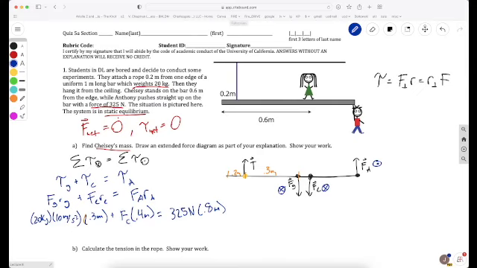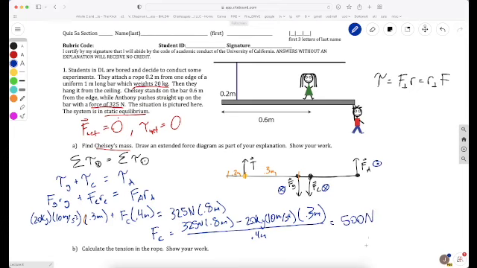Let's move this expression, 20 times 10 times 0.3, over here, subtract that off, and then if we divide by 0.4, we'll find that FC is equal to 325 newtons times 0.8 meters minus this piece, 20 kilograms times 10 meters per second squared times 0.3 meters, this whole thing divided by 0.4 meters. And if we plug that into our calculators, we should find that's equal to 500 newtons.